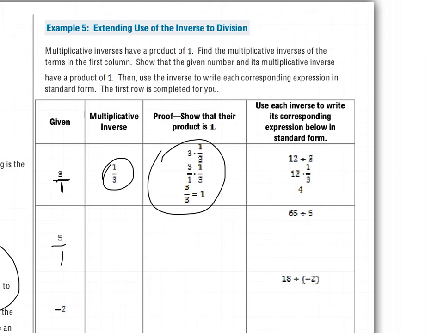So instead of having division, we're going to change it to multiplication of the reciprocal. And so we have 12 times 1/3. Again, we've proved that this is the multiplicative inverse, and that they are the same by looking over here at this work.